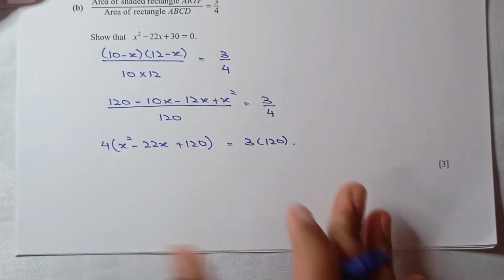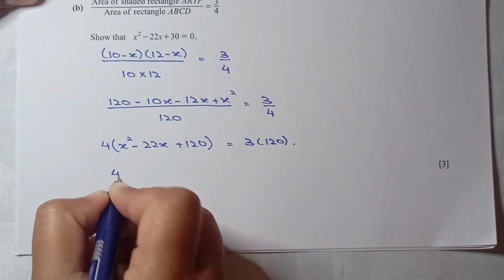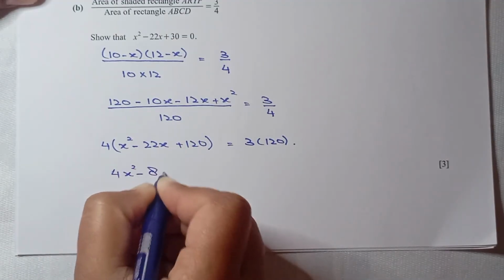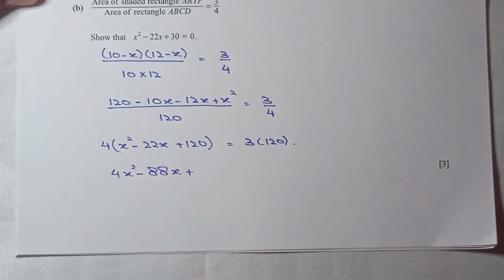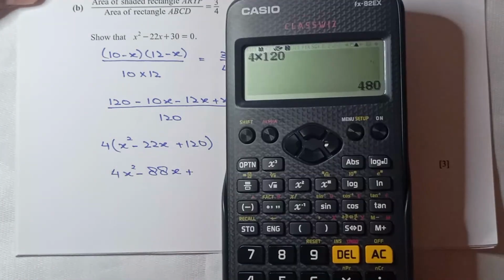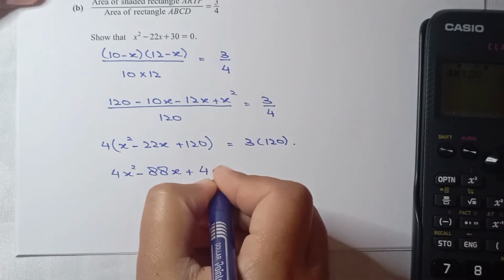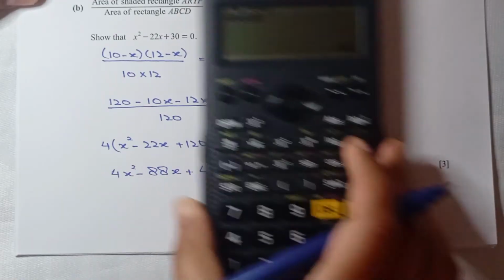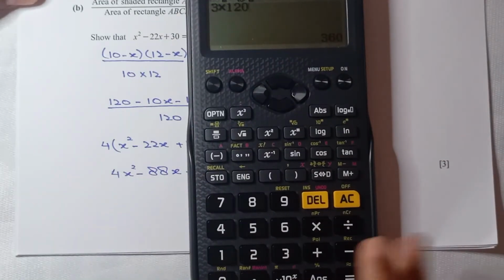Now we have 4x square minus 88x plus 4 times 120, which would be 480, and this is equal to 3 times 120, which would be 360.